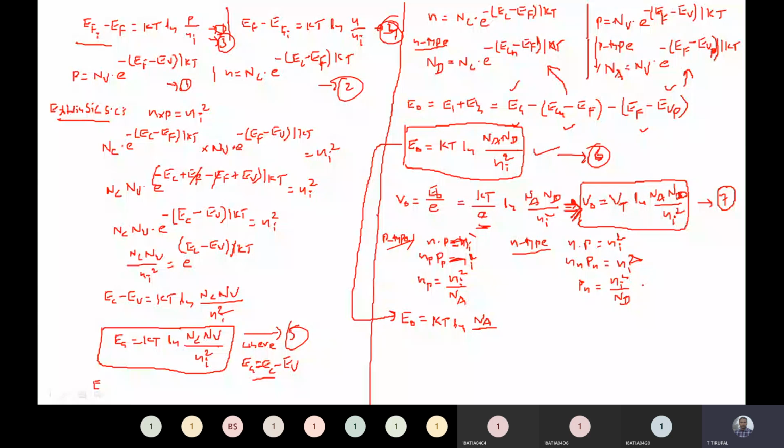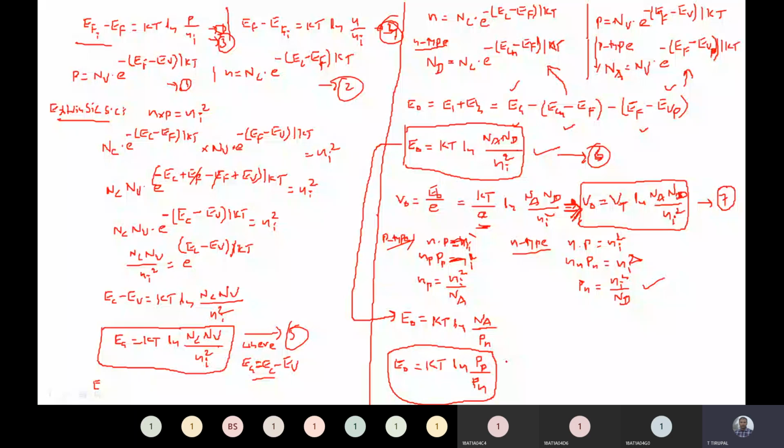What is Ni square by Nd? It is Pn. So E naught can be written as KT ln Na, which is the acceptor concentration, so holes in P-type, so it can be written as Pp divided by Pn. So this is another equation, called the eighth equation.